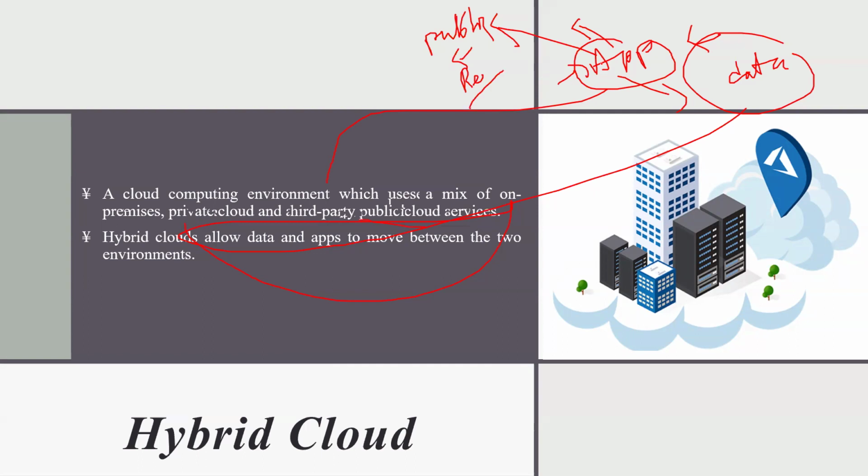But the customers say, hey, if I'm using this application, how can you guarantee my data is secure? Then they tell them that your data is in the private, in on-premises, in the private cloud. So we are going to protect your data in the private, and only the application will be visible in the public.